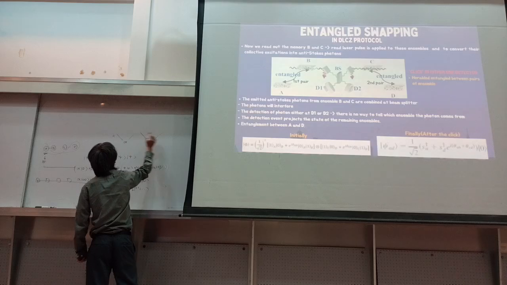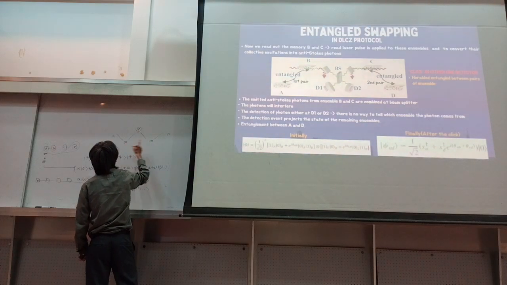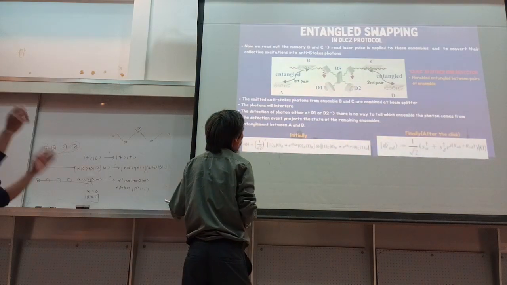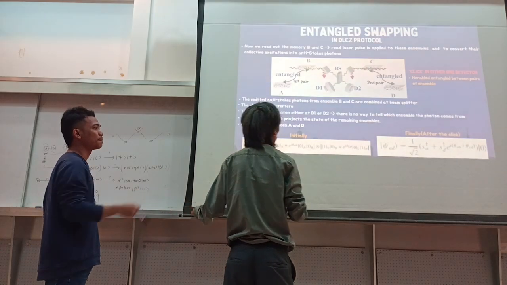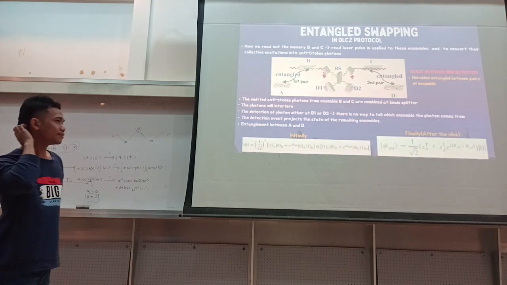So A, D. So we have the state measurement, like this one. Oh yeah, something like that. Basically, what we are doing is the Bell state measurement between the two. So it's basically an entanglement swapping. Yeah. Okay.